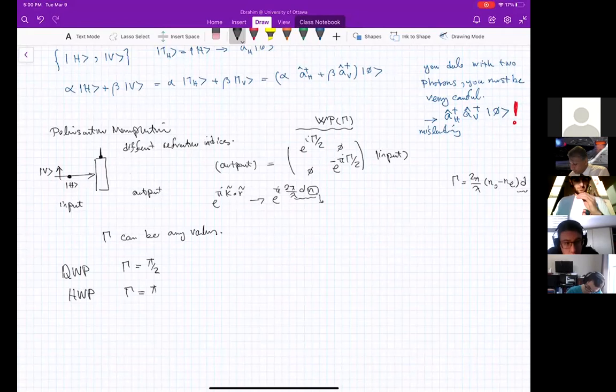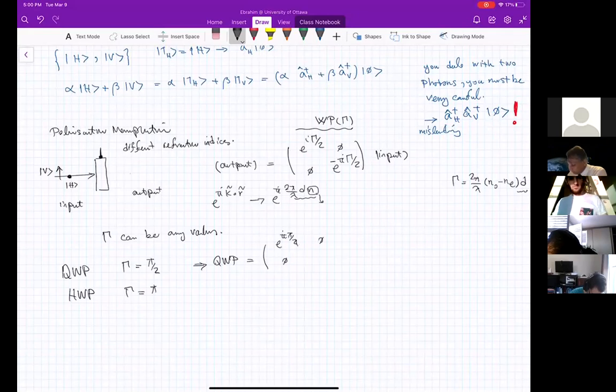Then a quarter wave plate, when it's oriented along x and y, is given by e to the power of i pi divided by 4, 0, 0, e to the power of minus i pi divided by 4. And a half wave plate is given by e to the power of i pi divided by 2, 0, 0, e to the power of minus i pi divided by 2.